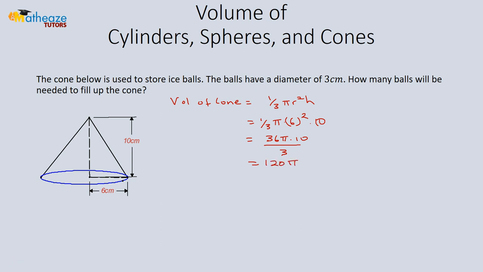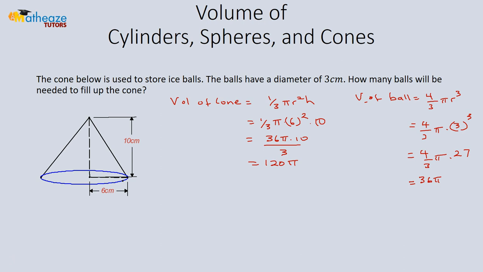And then the volume of the ball is 4/3 pi r cubed, which is 4/3 pi times 3 cubed, which is 4/3 pi times 27, which is equal to 36 pi.